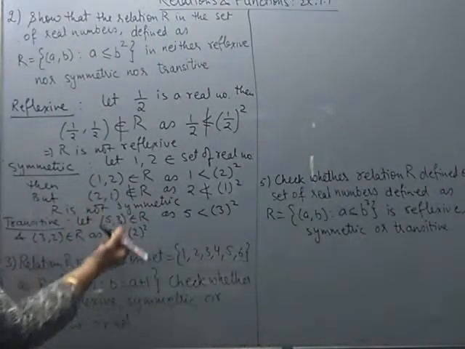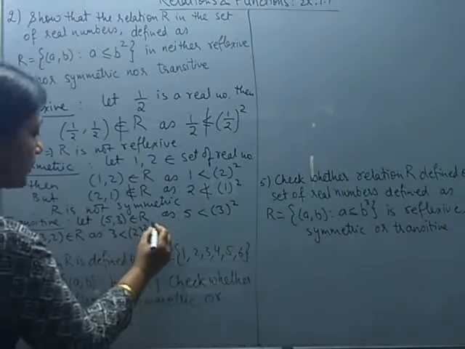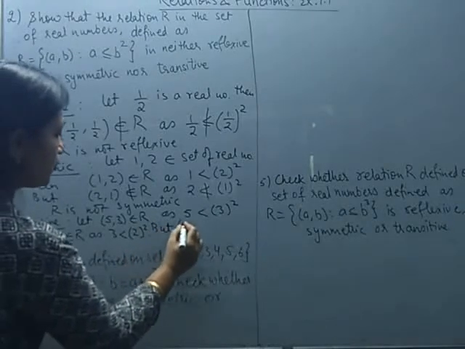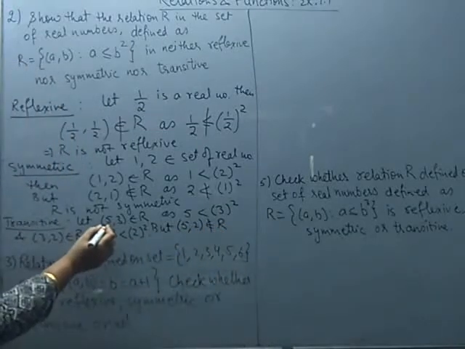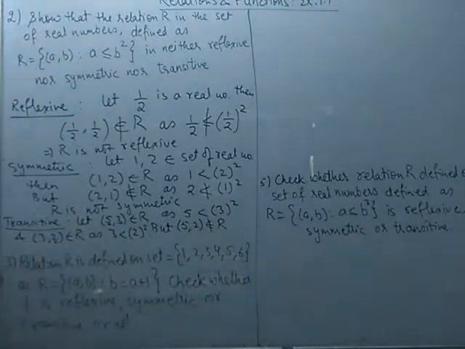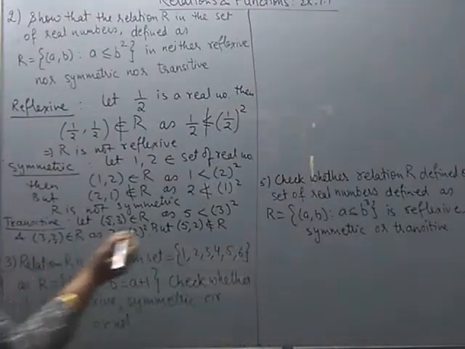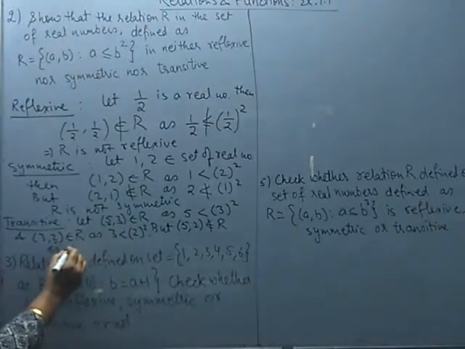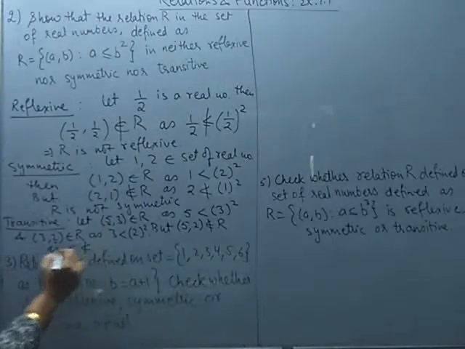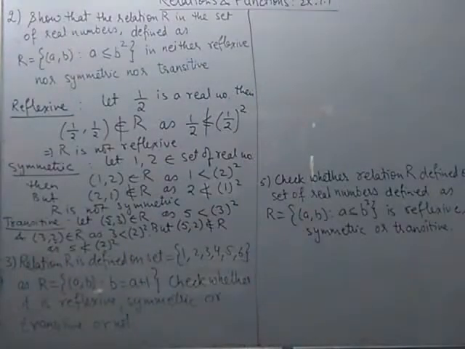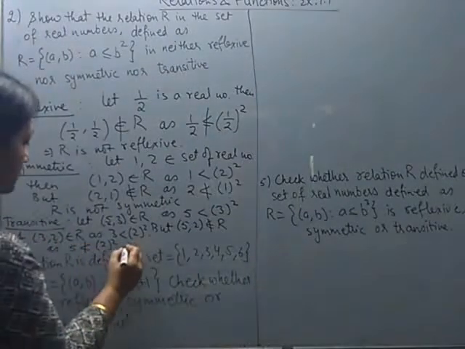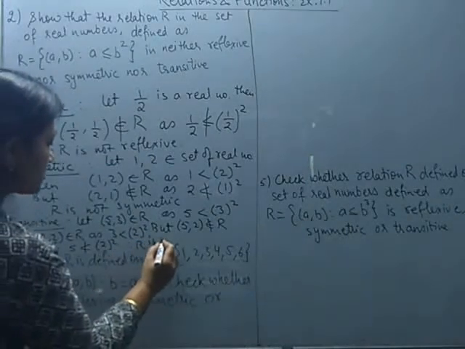Now we have these two pairs in R, but (5, 2) does not belong to R. See, the resulting pair will be consisting of 5 and 2. This will not belong to R. Why will it not belong to R? As 5 is not less than square of 2. Is it or not? Square of 2 is 4 and 5 is greater than that. So therefore, R is not transitive.